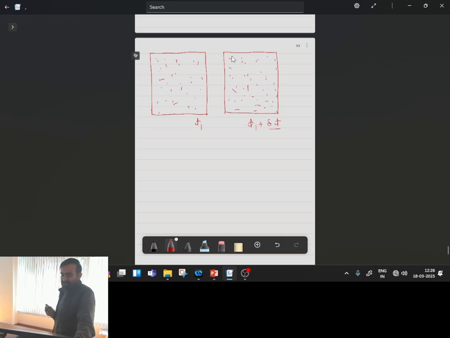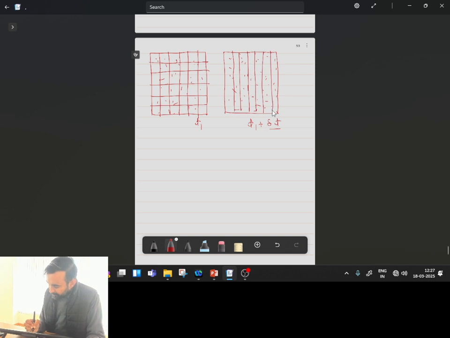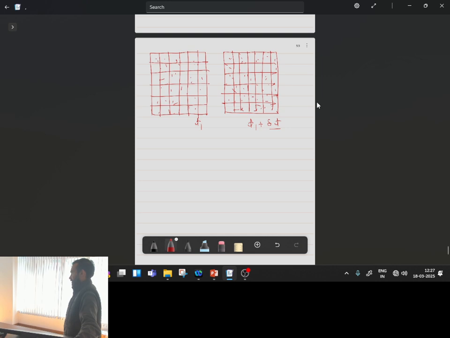So what is basically done, this frame with the help of some grid is divided into a large number of subframes. Is this one clear? So each frame is divided into a number of subframes.